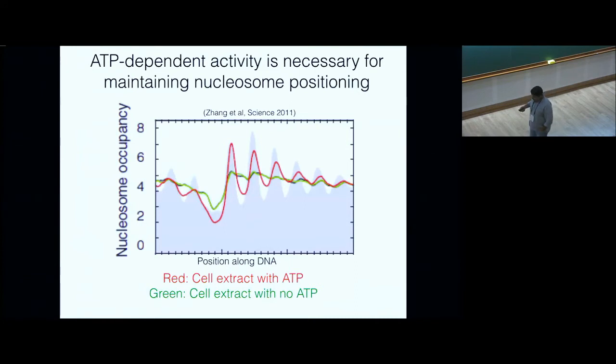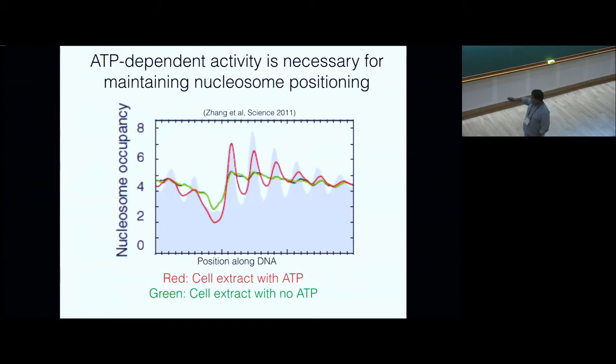After that, recently there are a lot of new experiments trying to understand this. Recently in Science in 2011, from the Frank Pugh lab, they showed that this kind of oscillatory, G of R like organization is only possible if you have ATP. So they did experiments in cell extract with and without ATP.